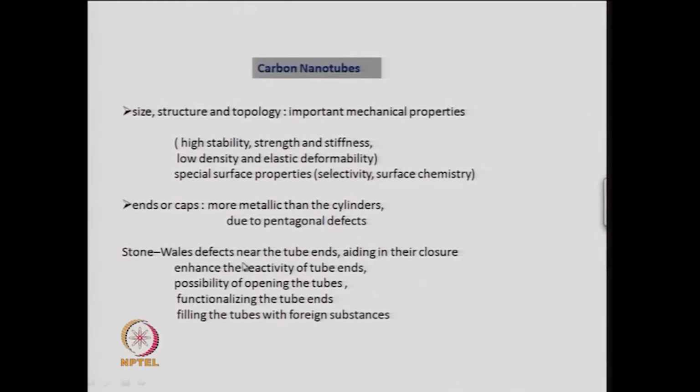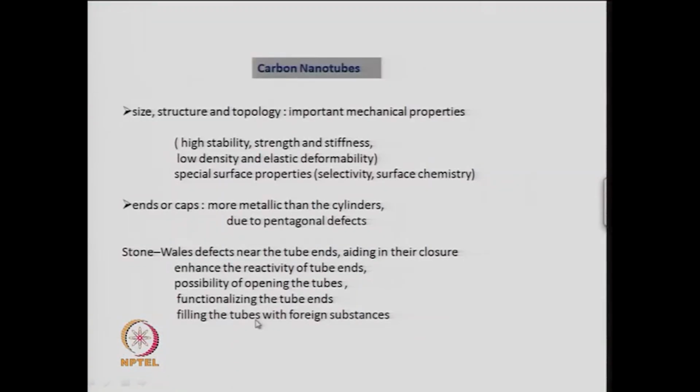So, because of these 5 membered rings or defects like the Stone Wales defects, the reactivity at the end of the tube is higher, and it is possible to open the tubes towards the end much more easily than you can open the carbon nanotubes at the middle of the cylinder.